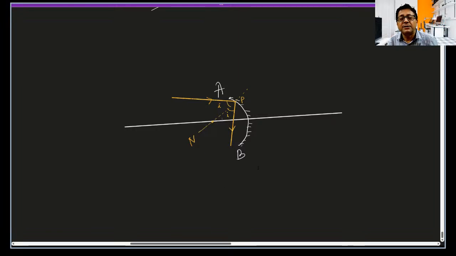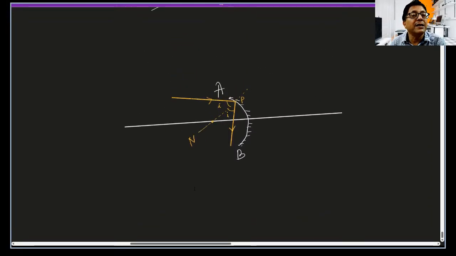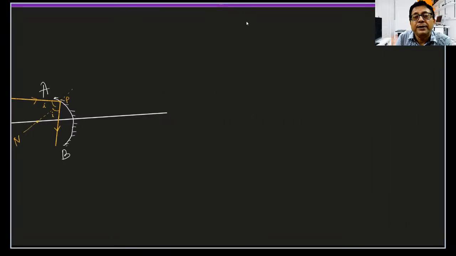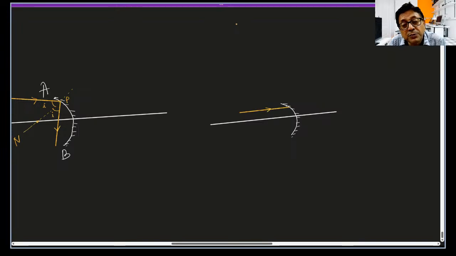You can do a few more experiments. Just let us see how it passes if we send it parallel. If we send it parallel to the principal axis for a spherical mirror, where does it pass through? Mirror, principal axis, a ray of light made to pass parallel to this. Again the same concept. You have to draw the normal, otherwise you won't get anything.